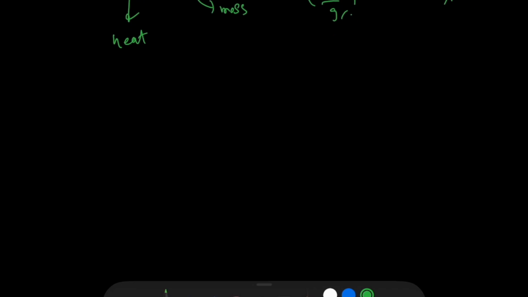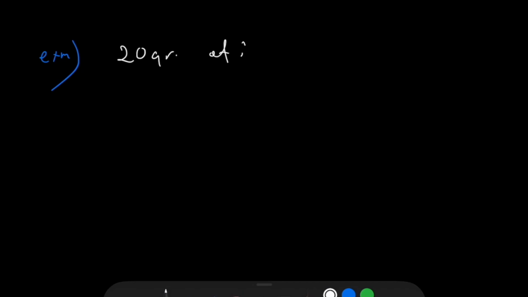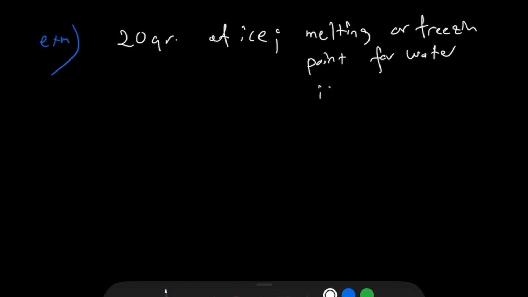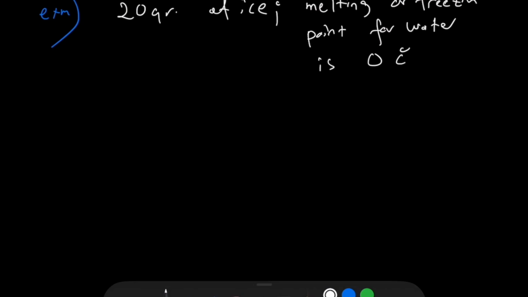Okay, an example. 20 gram of ice needs to be melted. How much energy does it require? So 20 gram of ice we need to melt. The melting point or freezing point for water is 0 temperature.